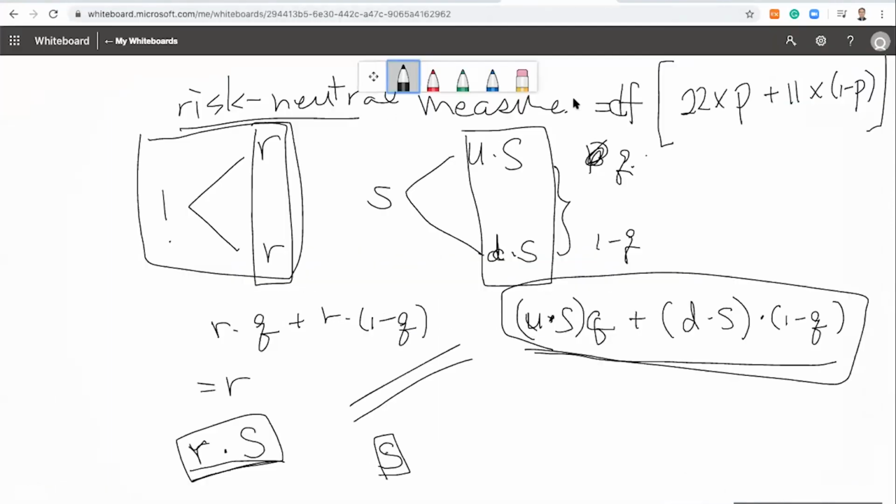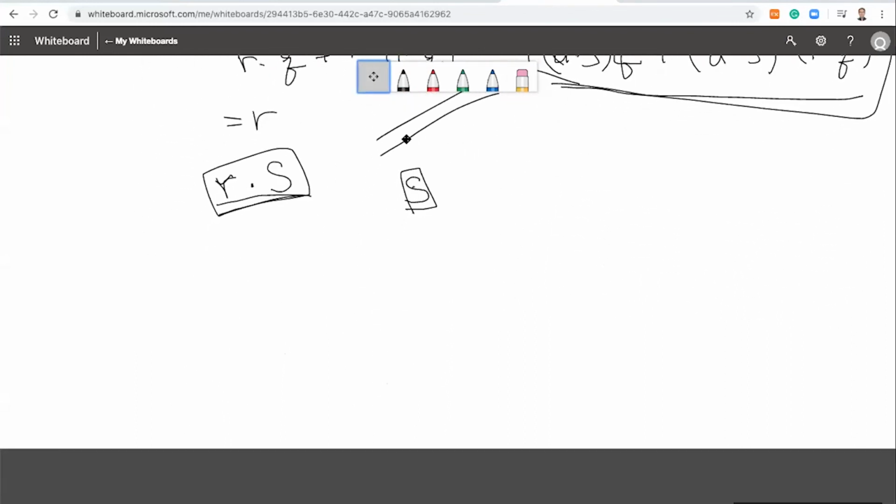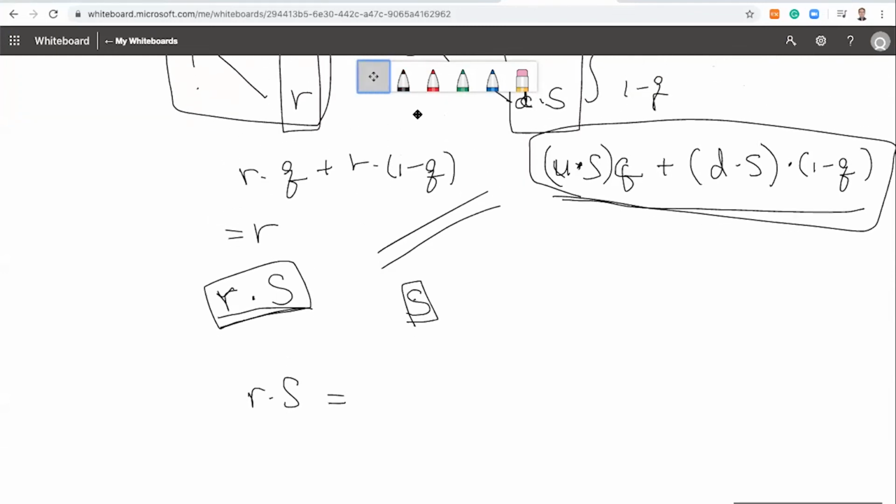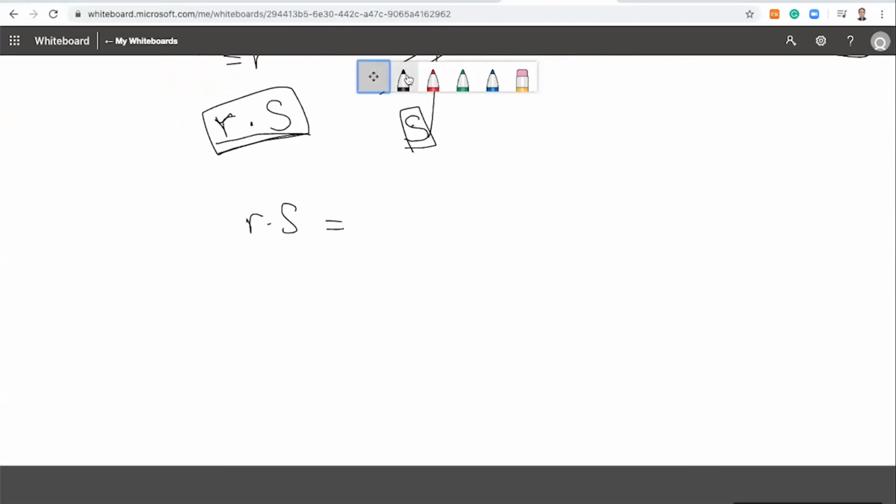Okay, so far I'm trying to explain what the risk neutral guy means. So in the end, it says that as long as these two formulas are equal to each other, times S, and let me finish the formula.